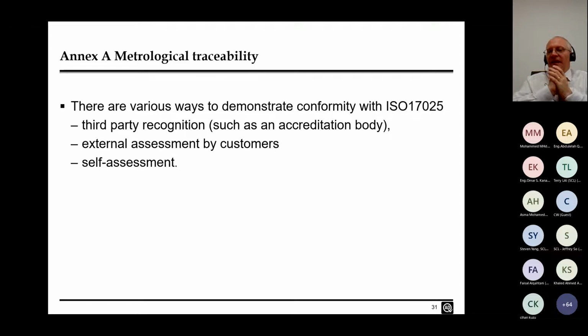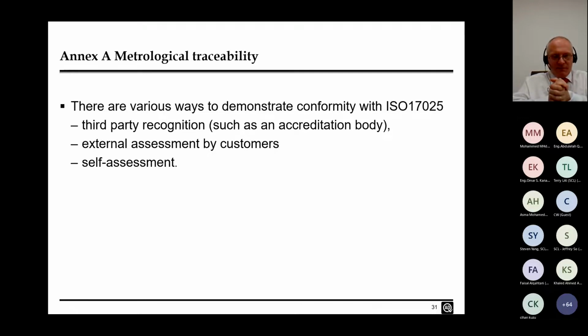We talked about labs demonstrating their conformity with ISO 17025. There are different ways of doing this. Third-party recognition, so being accredited is one of those ways, and also peer review through the MRA system.